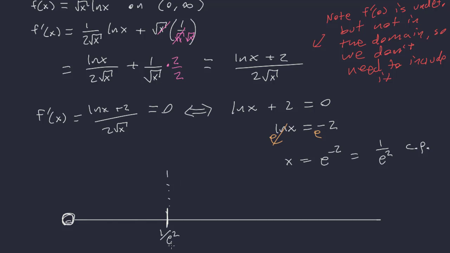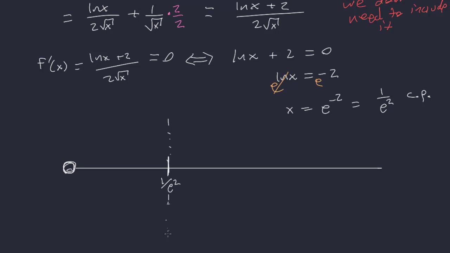We only have the one critical point, so we only need to check around 1 over e squared. However, be sure that you pick something between 0 and 1 over e squared. If you look in your calculator, 1 over e squared is about 0.135.